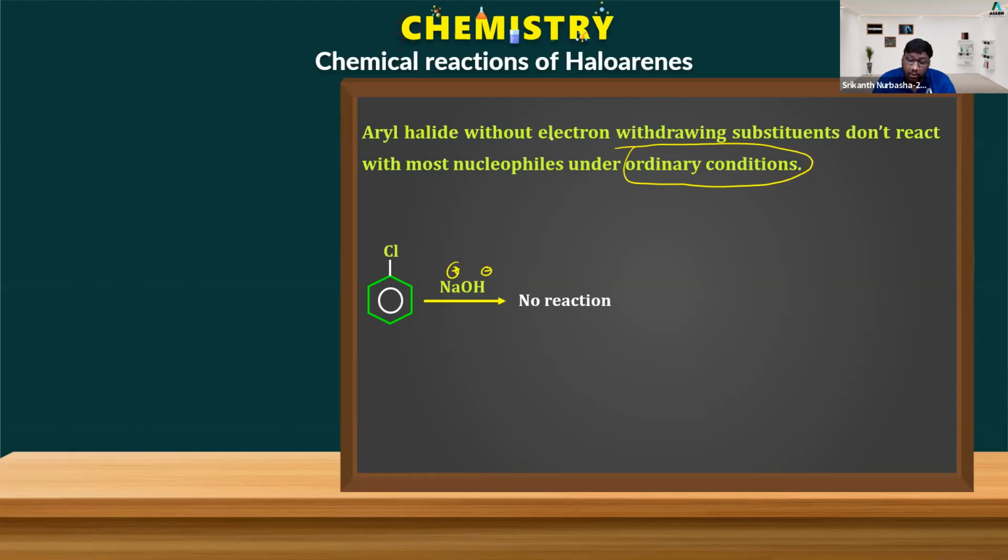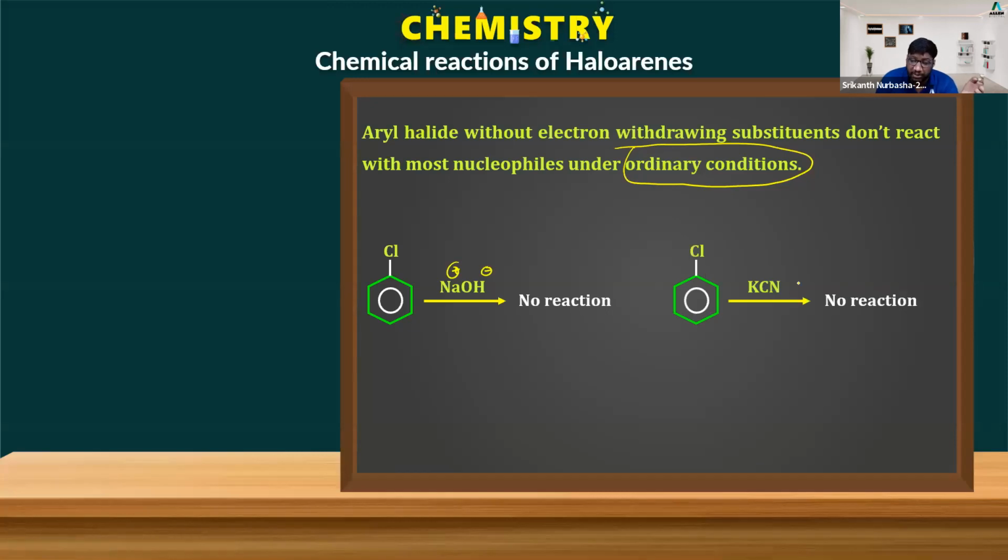Because without electron withdrawing substituents, there is no stabilization of the Meisenheimer complex. If there is no stabilization of the Meisenheimer complex, how can the reaction happen? So for this reaction to happen, we require very high temperature and high pressure. At normal conditions, this won't happen.